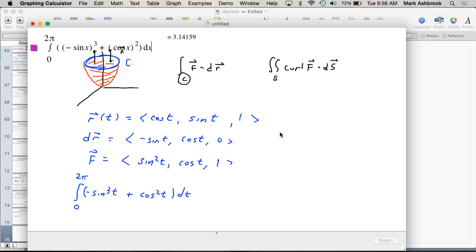Looks like it's pi. So the flux of the curl for that surface, the paraboloid, should be pi as well. Did anybody get pi for that? One person, 2 people. Should we do it?